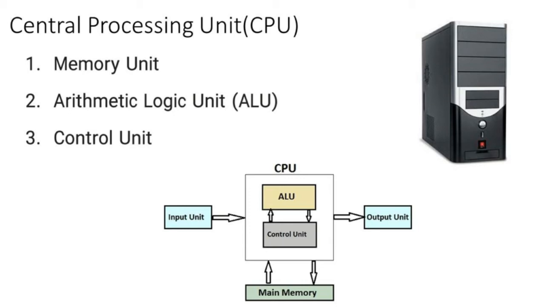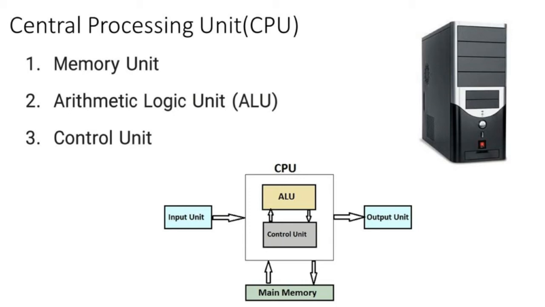First, what is control unit? The control unit controls the functions of all parts of the computer. Then, arithmetic logic unit. Arithmetic and logic unit performs all arithmetic computations like addition, subtraction, multiplication, and division.